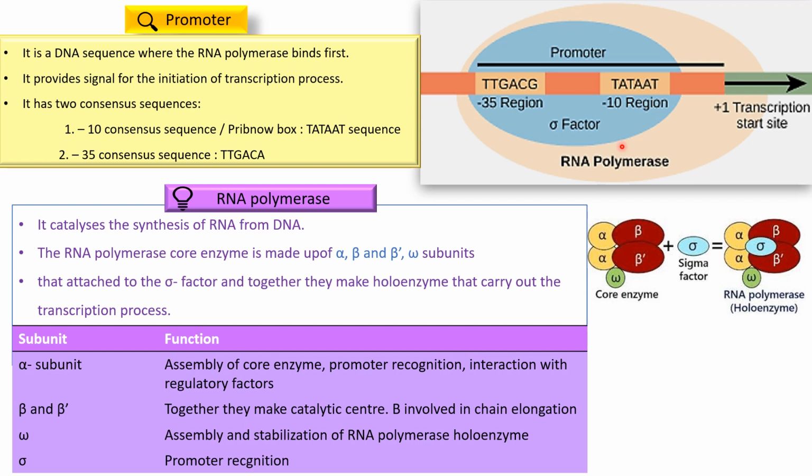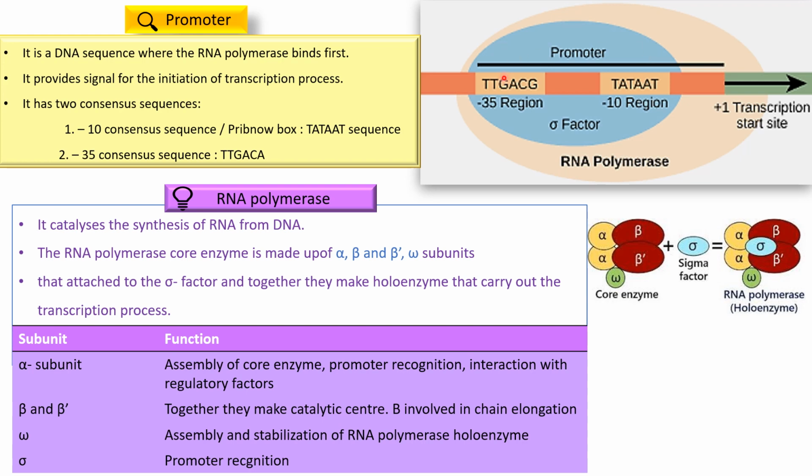Now the question may have arisen: what are this -10 and -35? The first nucleotide at the start site, which serves as template, is designated as +1, and the nucleotides downstream from this spot are given positive values, whereas the nucleotides upstream of this spot are given negative values.